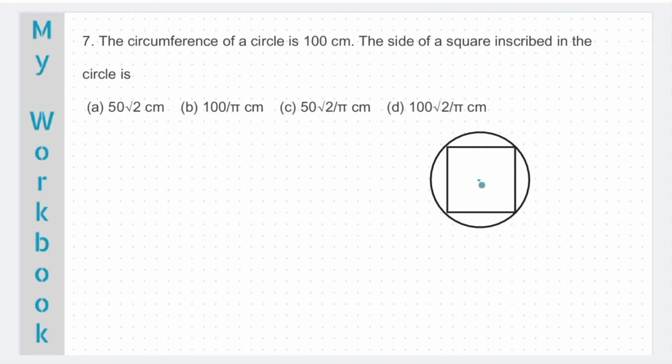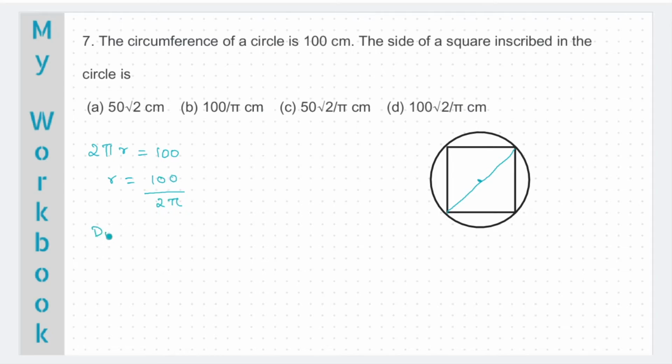When a square is inscribed inside a circle, we can see that the diagonal of the square is equal to the diameter of the circle. So 2 pi r, that is the circumference of the circle, is given as 100 centimeter. So the radius will be 100 by 2 pi.